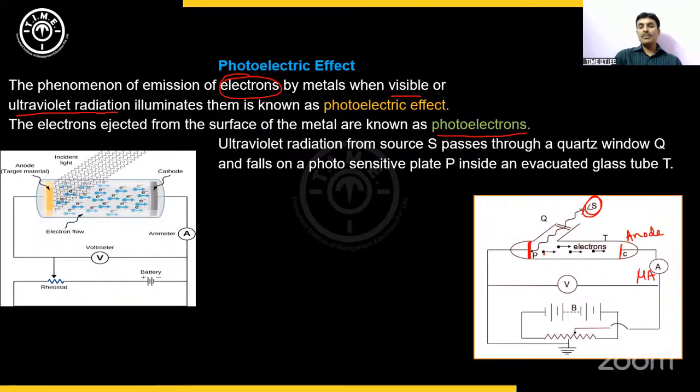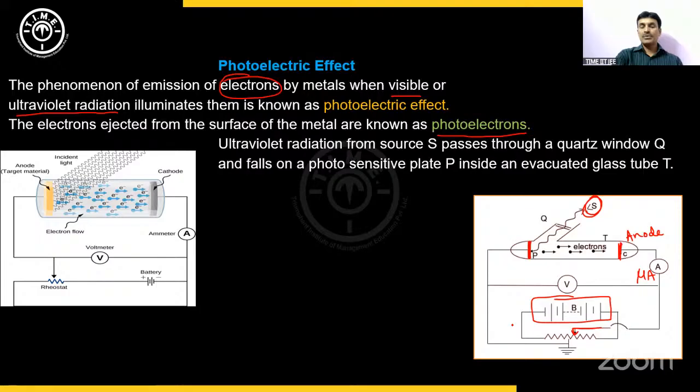Now to measure the potential difference between the metal plate and the collecting anode, here is a voltmeter. The potential between these two, the plate and the collecting anode, can be varied by using this battery with the help of a rheostat.